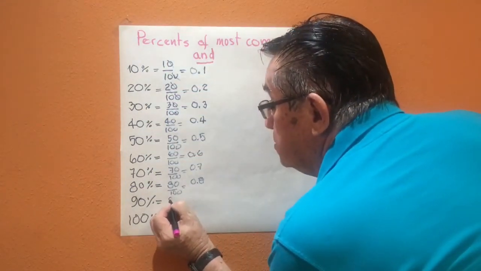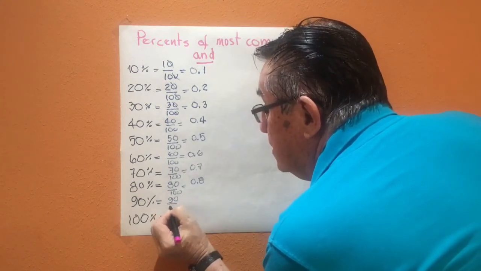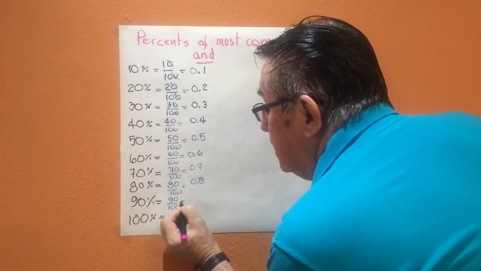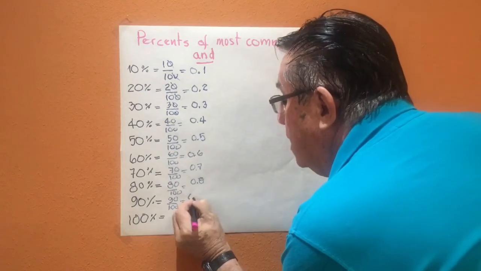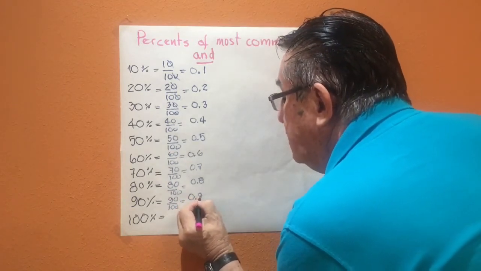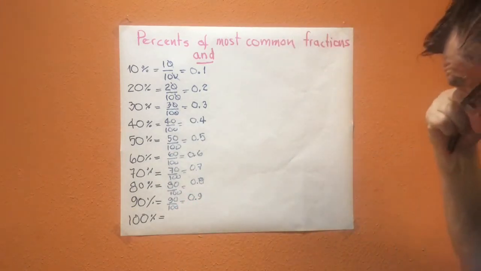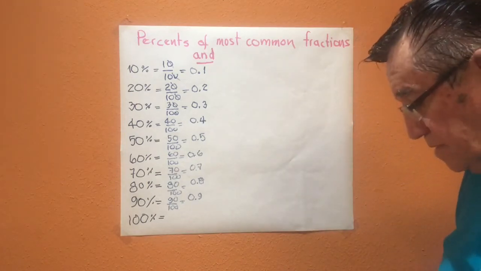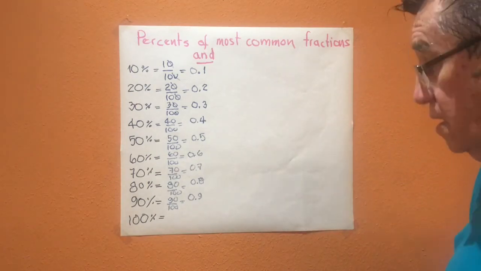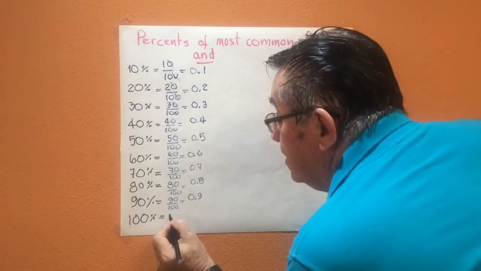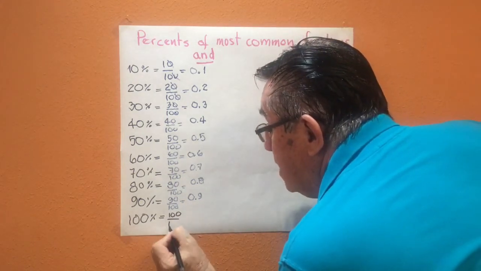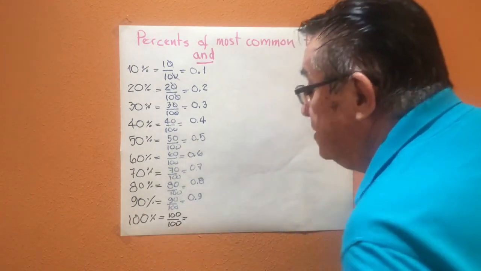Now let's go to 90%. 90% is 90 divided by 100, which will become 0.9. Okay? Well, what happens when we have 100 divided by 100? Interesting.